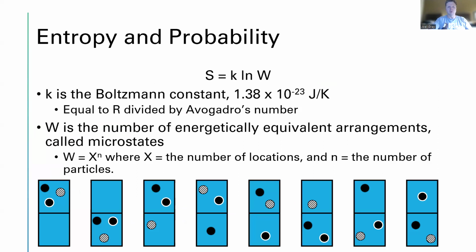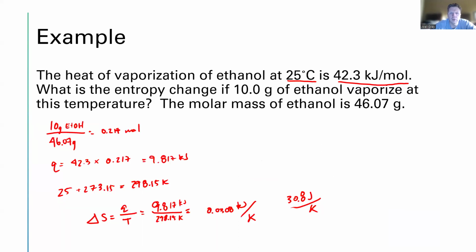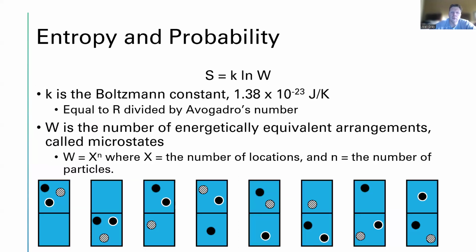All right, so this equation right here, S, which we've used for entropy, is equal to K times the natural log of W. Okay, so S is our measure of entropy, and this is what we're going to use to quantify it.